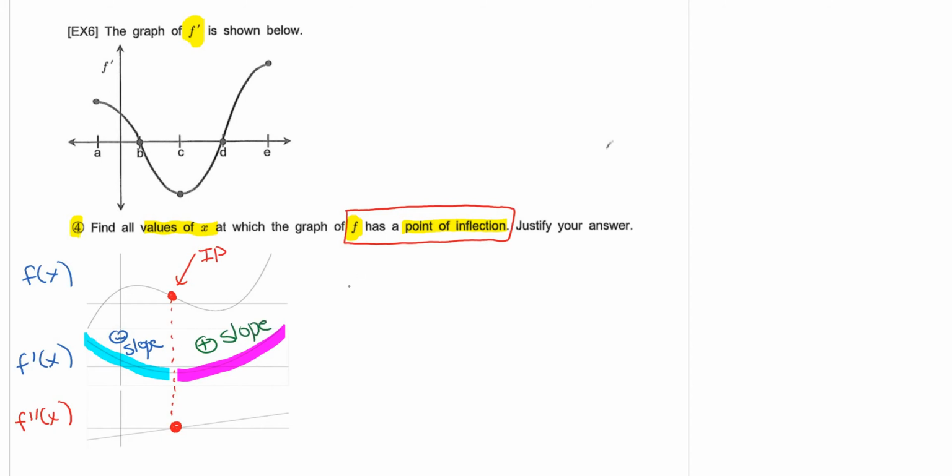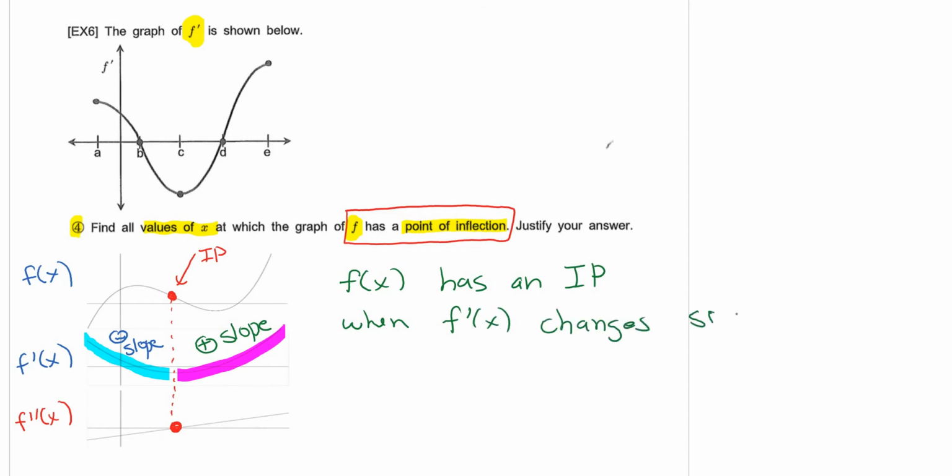So what that means is the original graph has an inflection point when the derivative, f prime of x, changes sign. When I say it changes sign, it literally means it goes from a negative slope to a positive slope, or vice versa. It can go from positive to negative or negative to positive. So we just need to find that on our derivative graph.